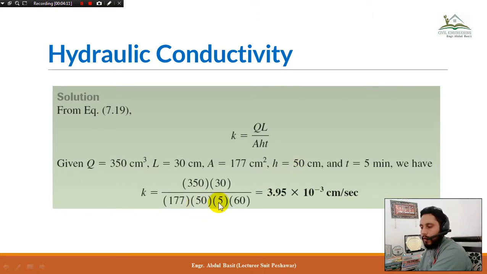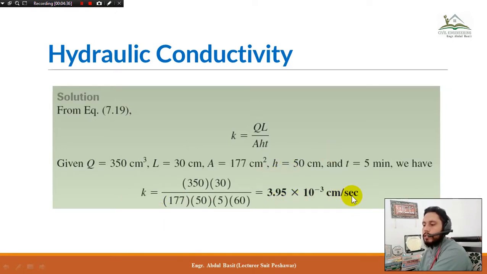The time is 5 minutes, but we need hydraulic conductivity in centimeter per second, not per minute, so the minutes will be converted to seconds first. 5 multiplied by 60 converts it to seconds. After calculation you will get the value in centimeter per second.